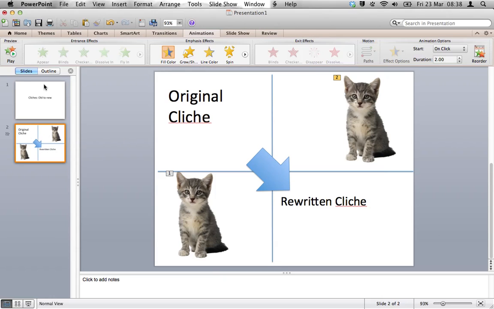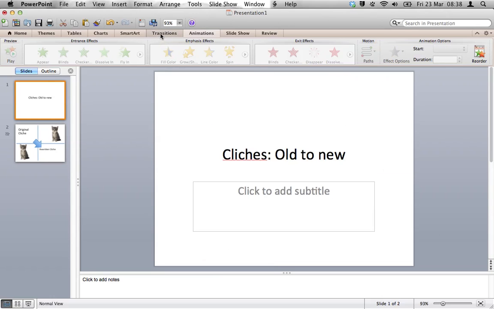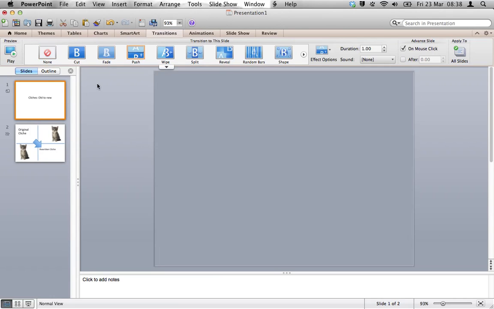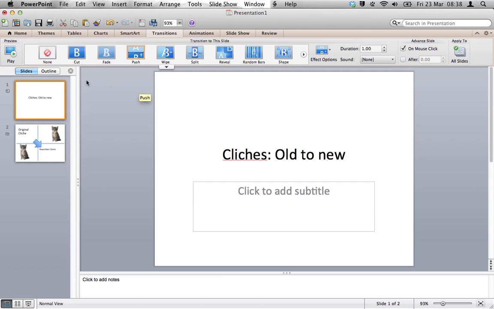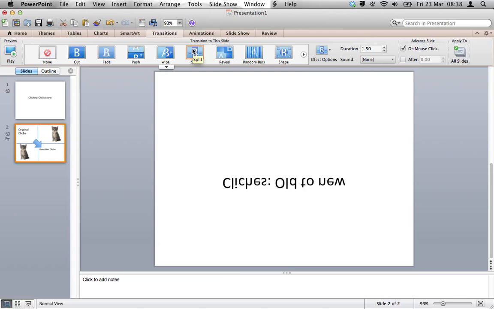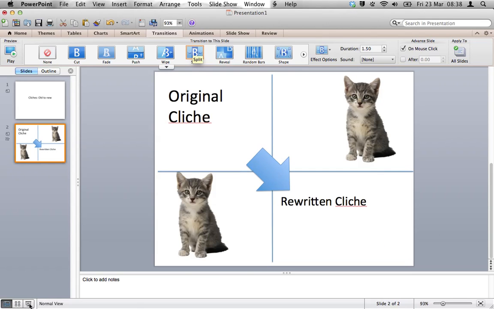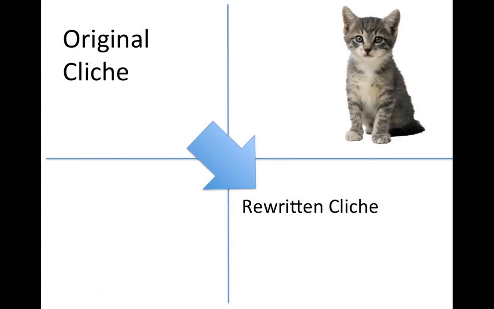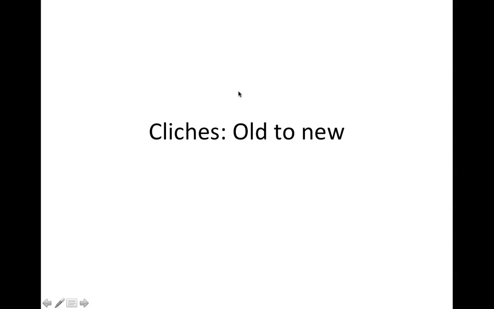And then to move between slides, we can use transitions. Transitions basically show a difference between two slides. So if we play it right now, we'll see the first slide come up. We should have started from the beginning.